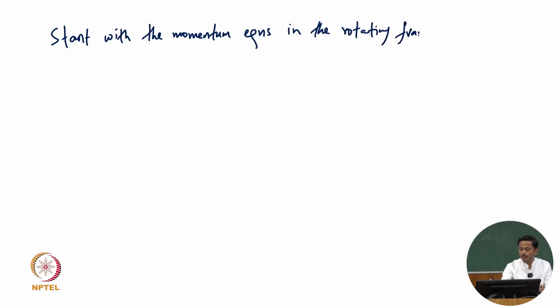If necessary, you might want to go back to the earlier classes to see how we derived the momentum equations in a rotating frame, and we have spent quite a lot of time on it, so we'll just state the momentum equations here.